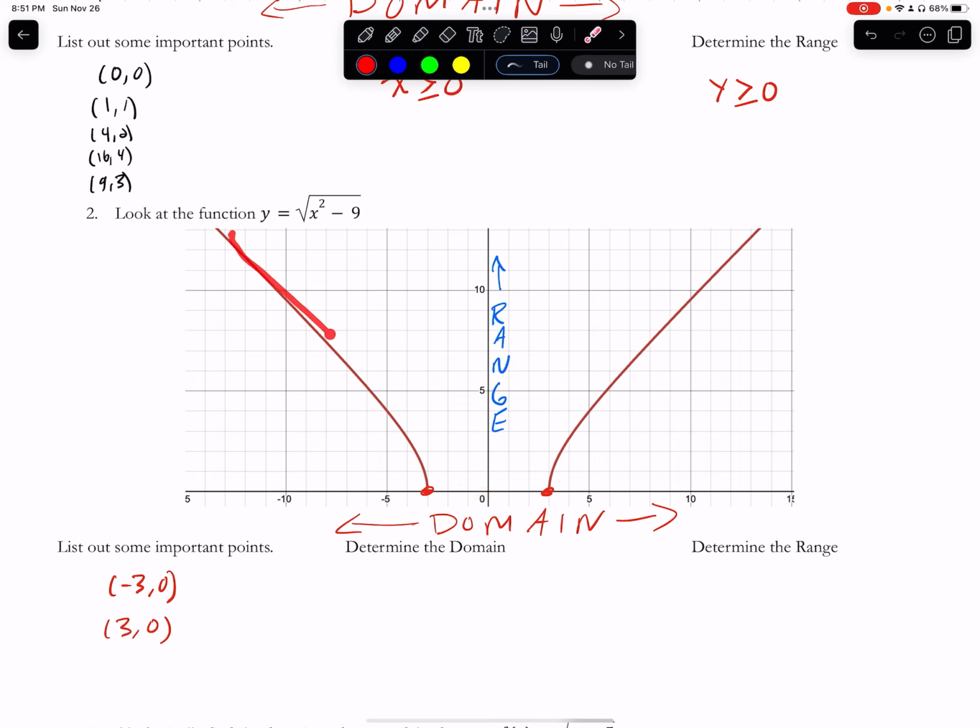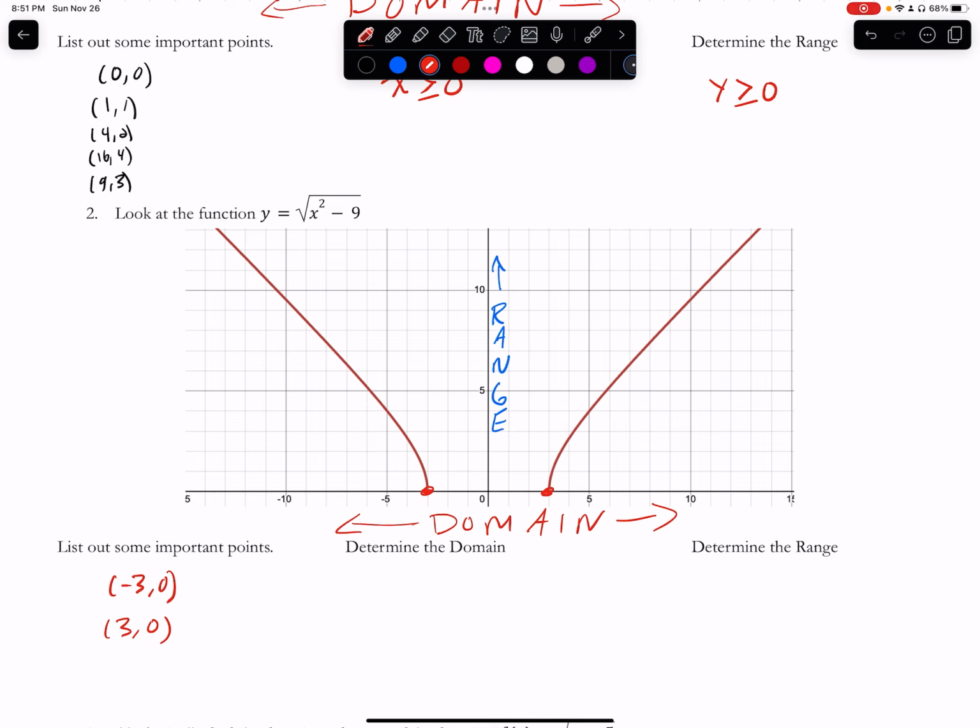It kind of comes down and then it just jumps and then keeps going up if we read from left to right. So the domain of this function is going to be all numbers less than negative 3 and all numbers greater than positive 3, right? We can't plug 0 into this function. Can't plug negative 1 or 1, right?